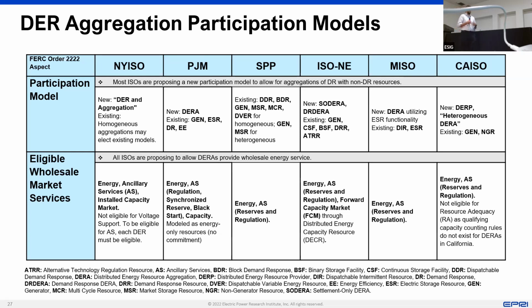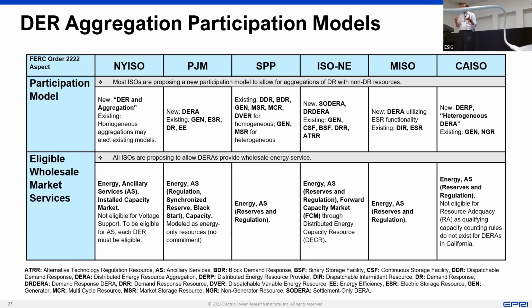And what this did is it said that an aggregation of DERs can include any combination of DER technologies. They don't have to be homogeneous. You can have an aggregation that includes electric vehicles, demand response, load type resources, typical lithium-ion batteries, solar, microgrids, et cetera.